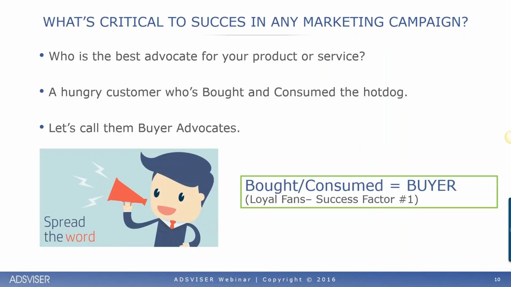So the number 1 success factor that we need, excuse my sore throat, yes, I'm going to show you the method, which is free, Jacob. And then there'll be another one as well. But so we've got a buyer who's basically bought and consumed. So loyal fans, the success factor is number 1, and it has a very big influence on whether or not you're targeting the correct people.